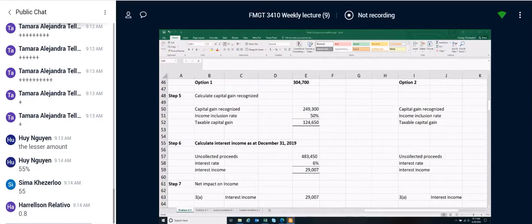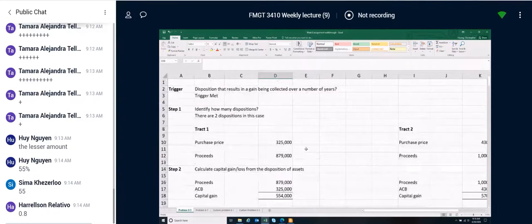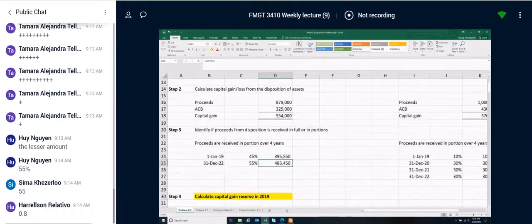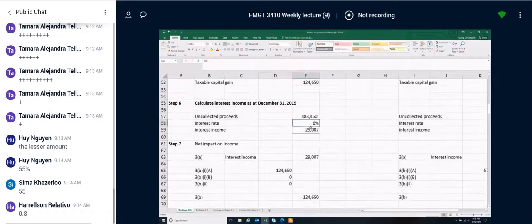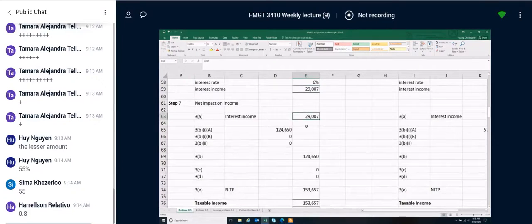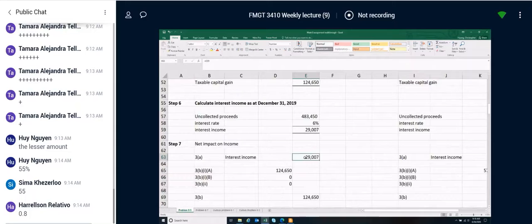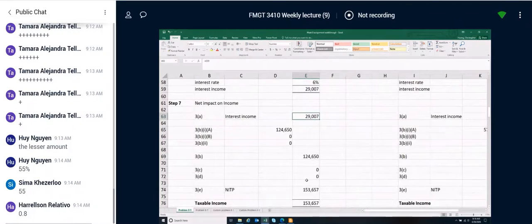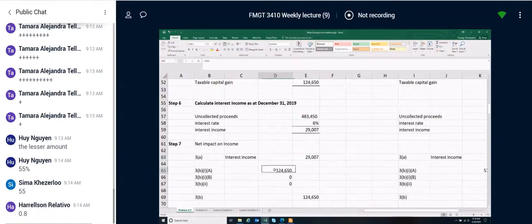If you think about it, for 19, 20, 21, 22, the balance at the beginning of the year is the same: 55% of the 879. 55% of 879 is 483,450. So 483,450 times 6% is 29,007. So basically, every year you're going to have 29,007 as interest income, and in the first year, 124,650 as your taxable capital gain.